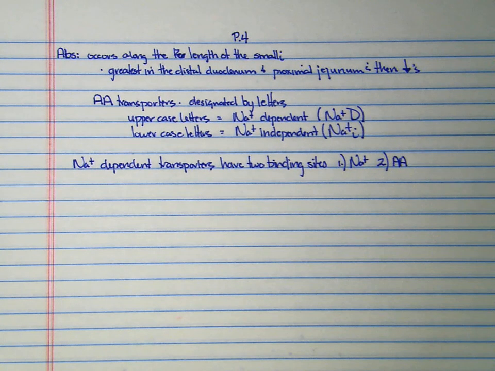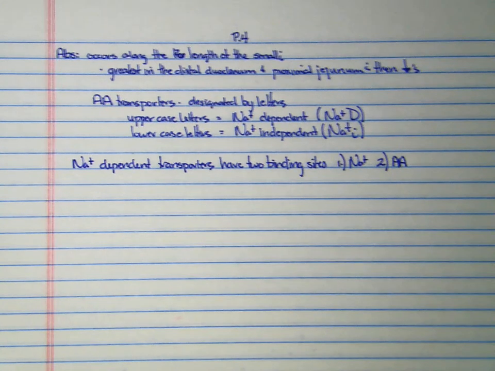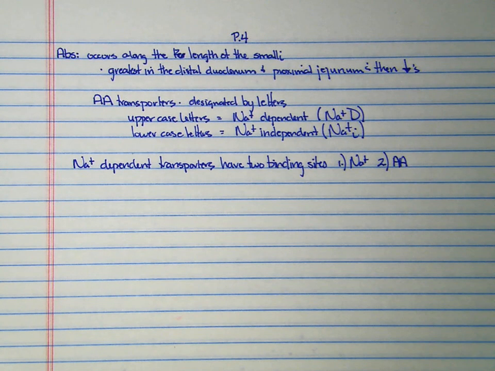As you may have guessed, the sodium dependent transporters can move against the concentration gradient, so you can pump amino acids into the cell against their concentration gradient, whereas with sodium independent, you have to use the concentration gradient. There has to be a lower concentration of the amino acid inside of the enterocyte.